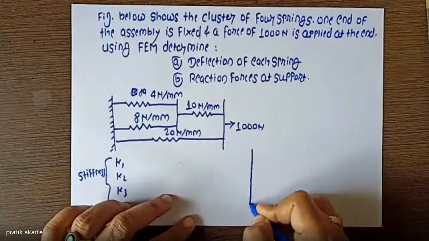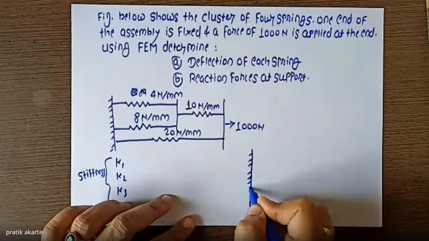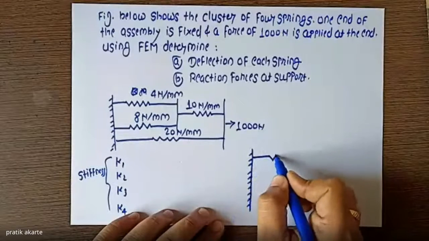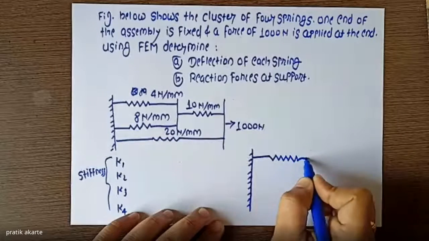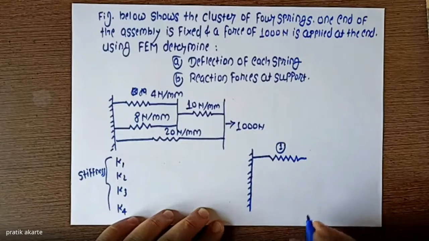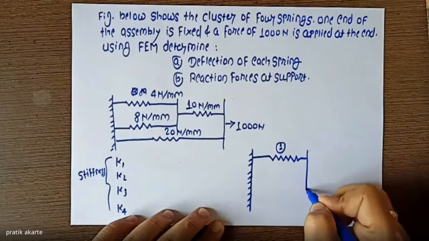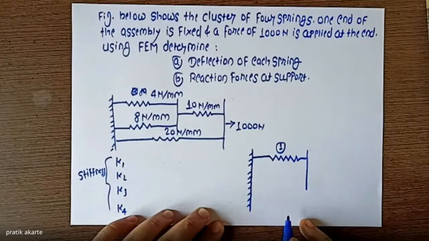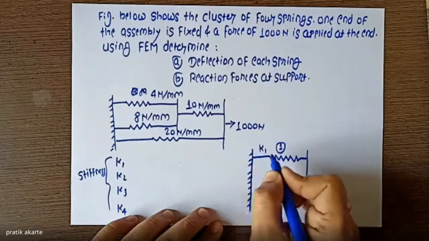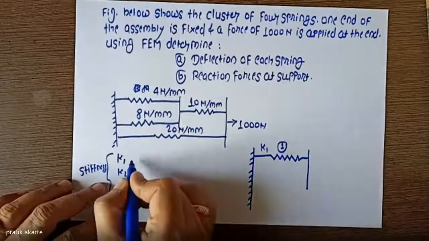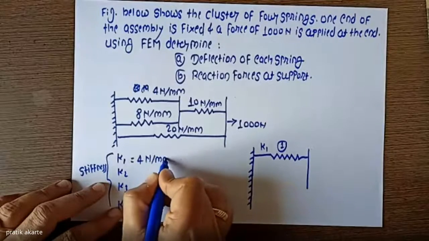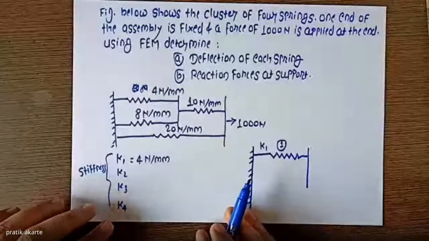Let us draw this. So this is the left-hand side support, which is fixed. This I consider as element number 1, which is attached to another part. The stiffness for this element is K1, which is 4 Newton per millimeter, as given in the problem statement.